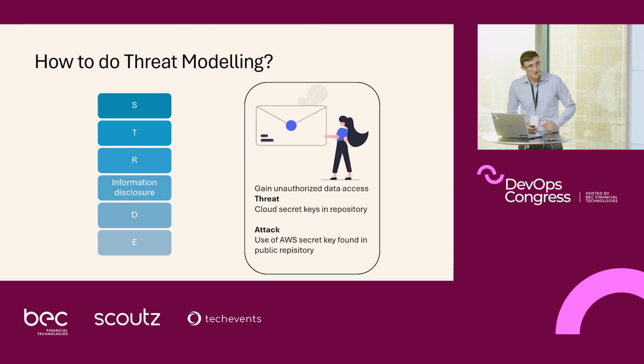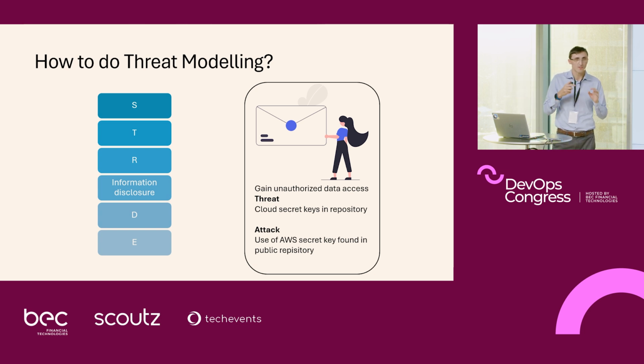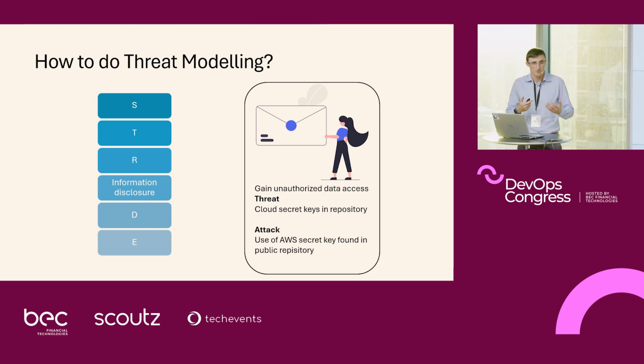The next threat category is a more obvious one, probably known by all of you: information disclosure. This is the threat related to gaining access to unauthorized data, data which I shouldn't have access to.